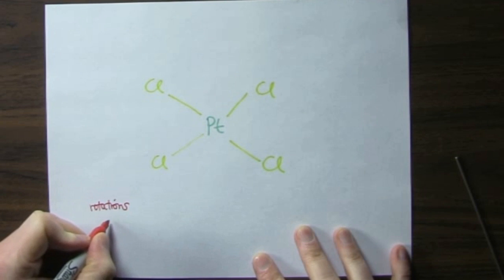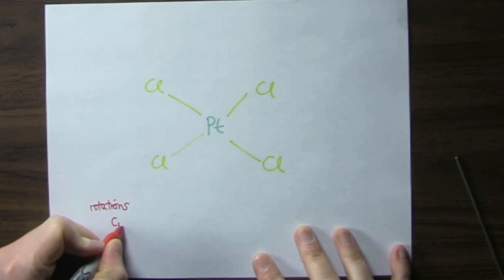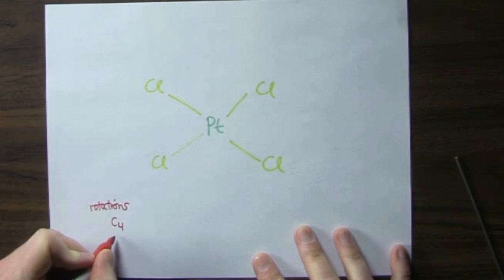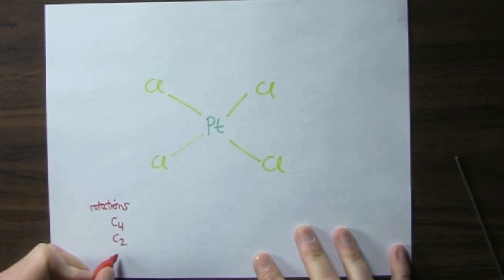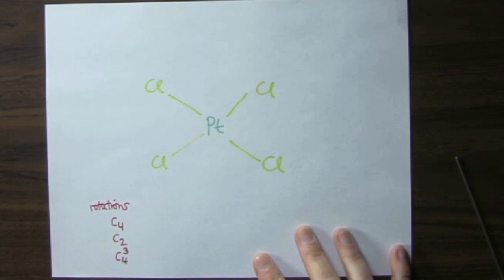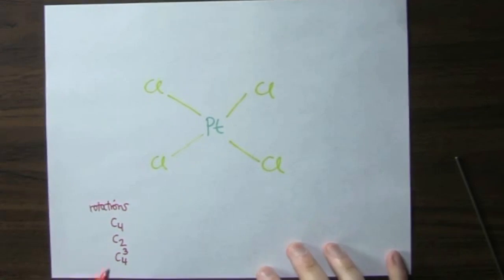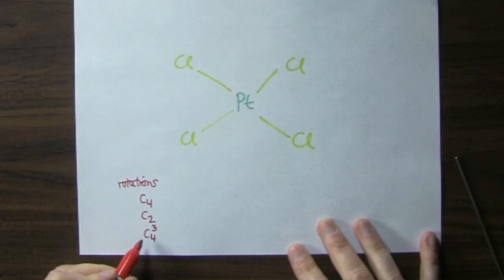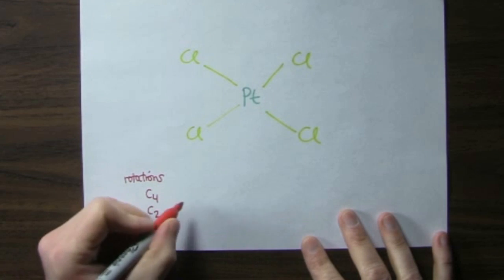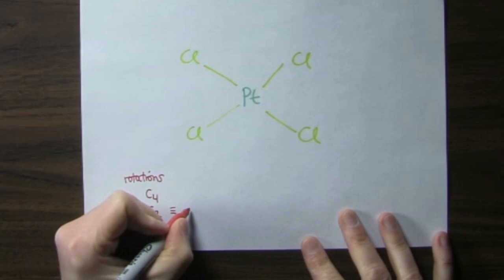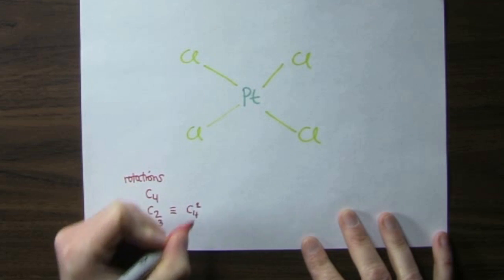We had 90 degrees, which is C4. We had 180, which is C2. And then we had 270, which is C4 3 times. So we could talk about that we cubed the C4 rotation. We did it 3 times. C2 is actually doing the C4 rotation 2 times.